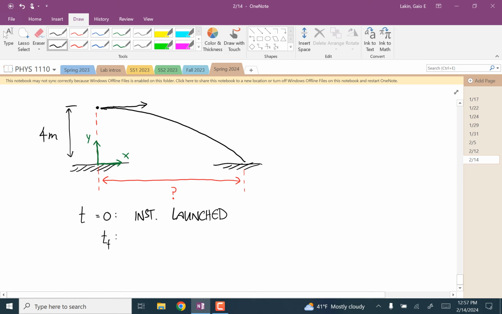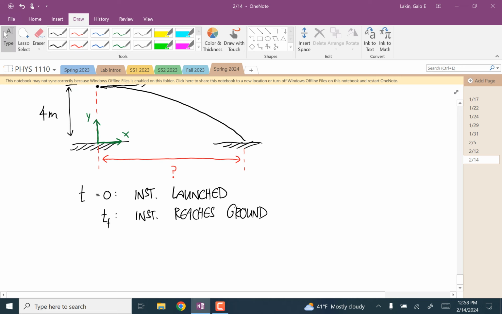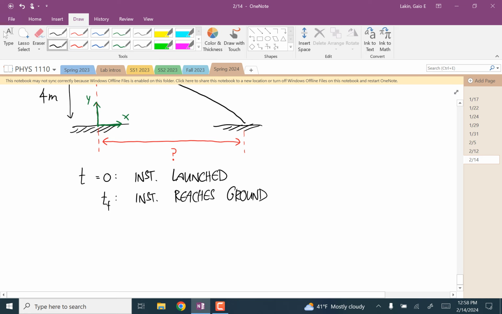Yeah, right. The instant it reaches the ground level. And now that we've done all those, we can think through the variables and think about what we know and what we want. So here's a list.